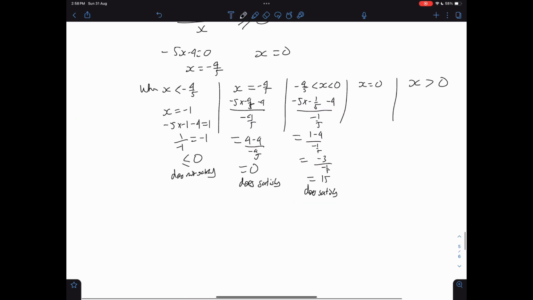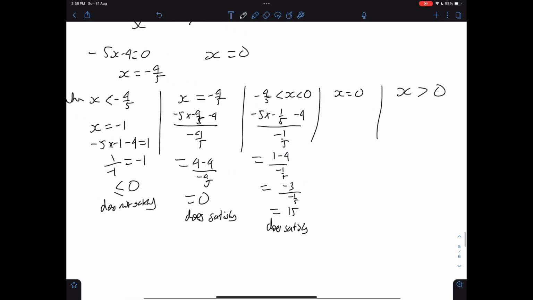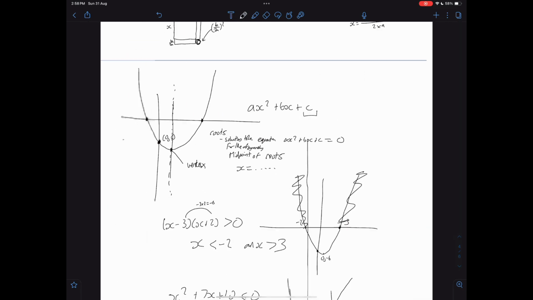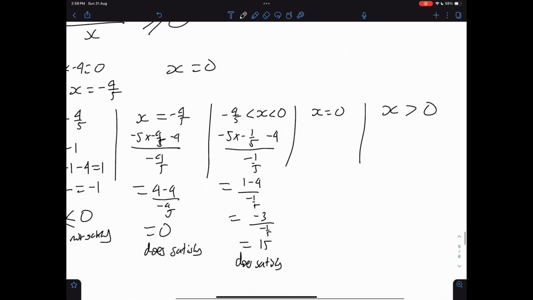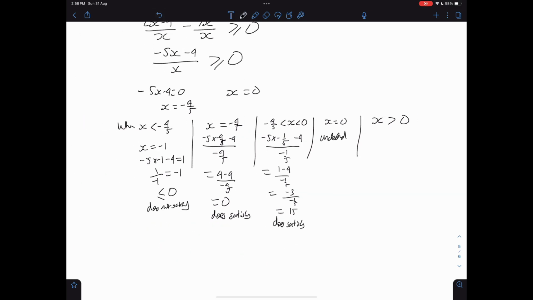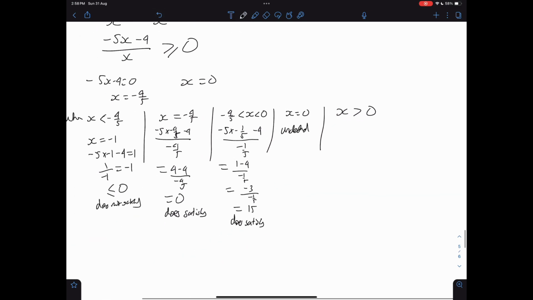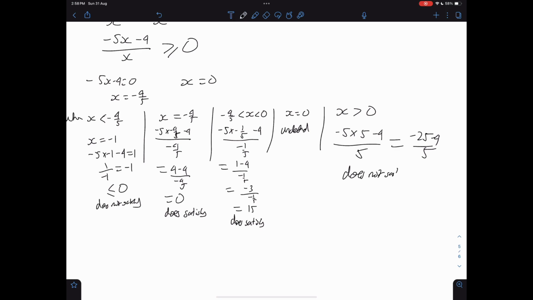And then at x equals 0, that is undefined because you can't divide by 0. And then if x is greater than 0, say 5, then that will give us minus 25 minus 4 over 5, and that will end up being negative, so it does not satisfy.